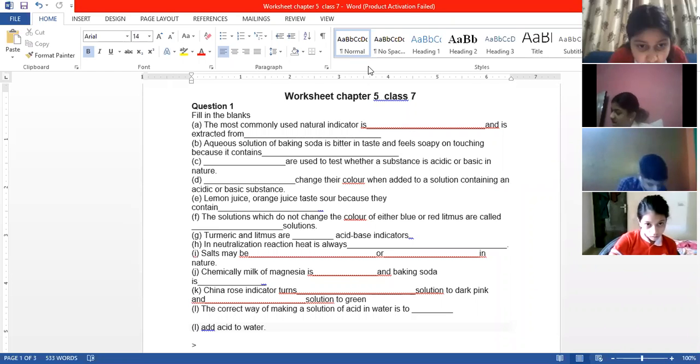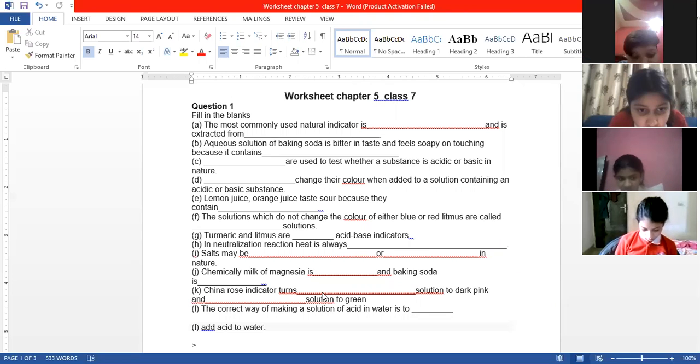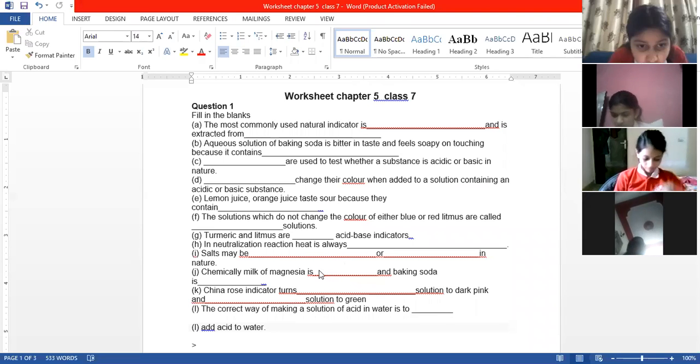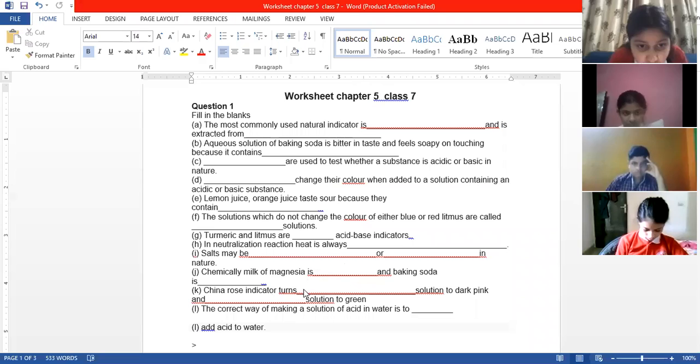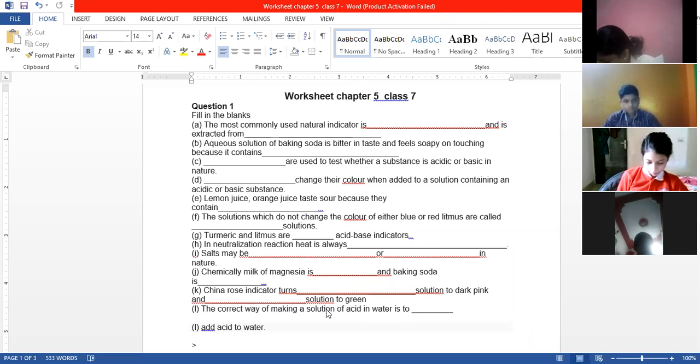Okay, Tanvi, give the answer. Ma'am, China rose indicator turns acidic solution to dark pink and basic solution to green. Okay, this is the right answer. Acidic solution to dark pink and basic solution to green.